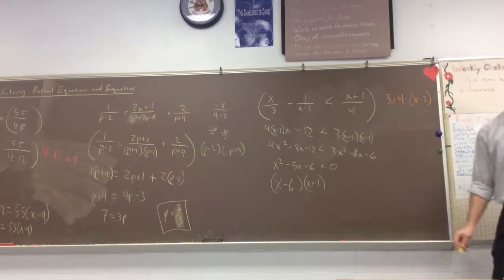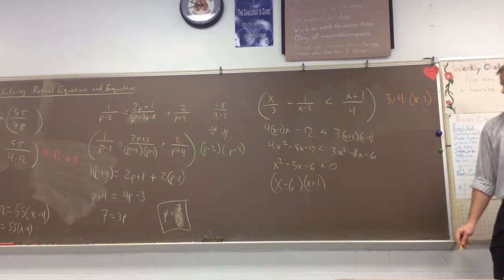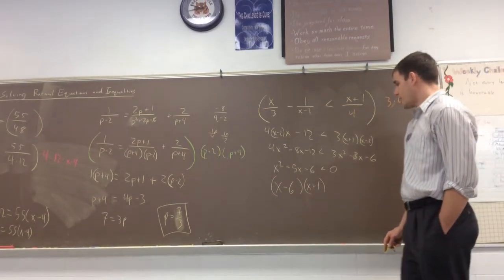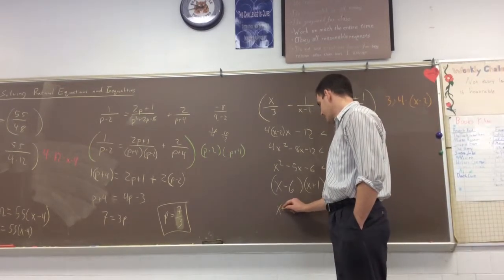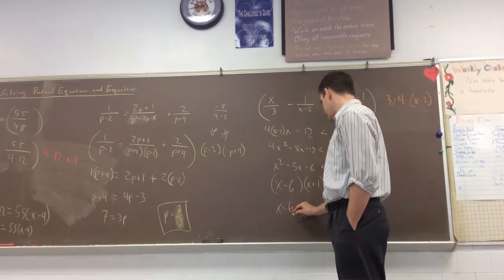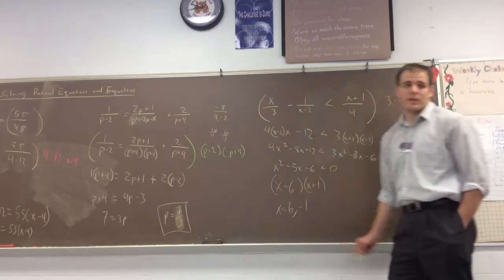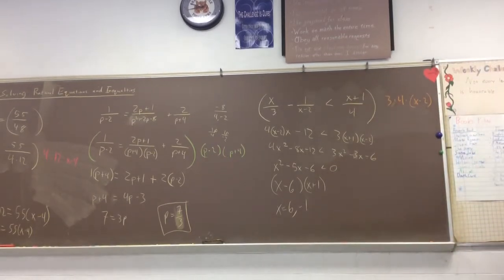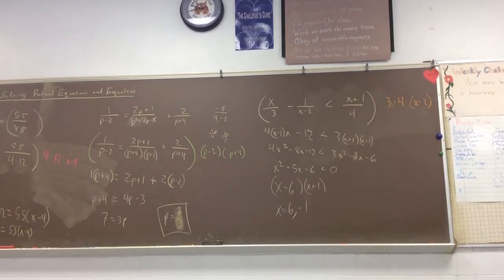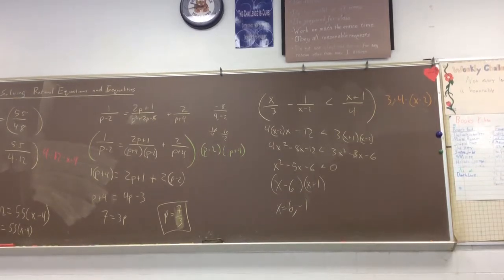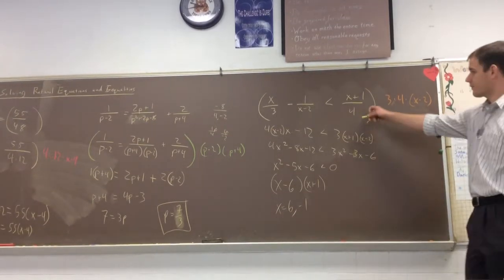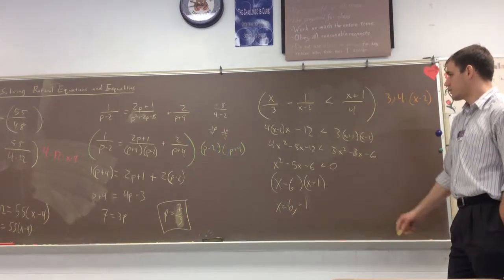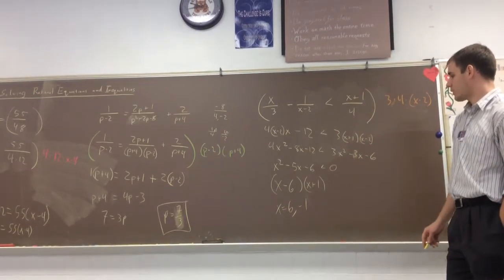So far so good? So our possible answers, 6 and negative 1. We've got to find out what values of x will make this whole thing work out.